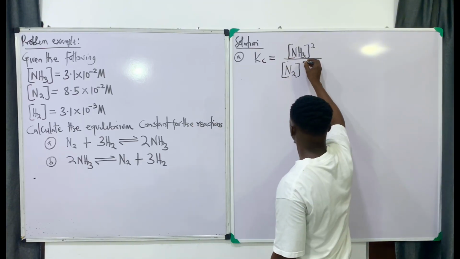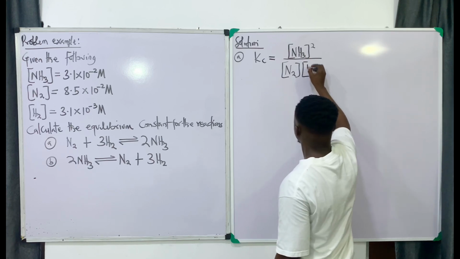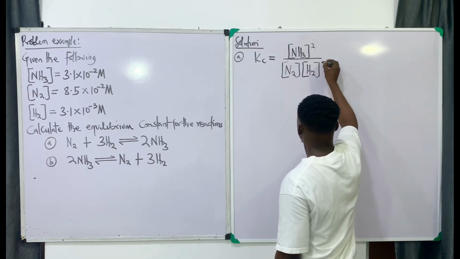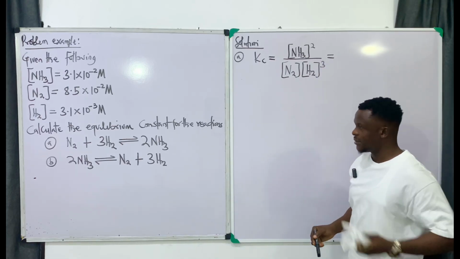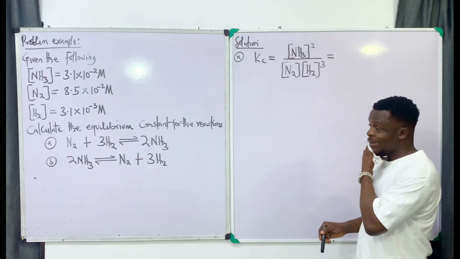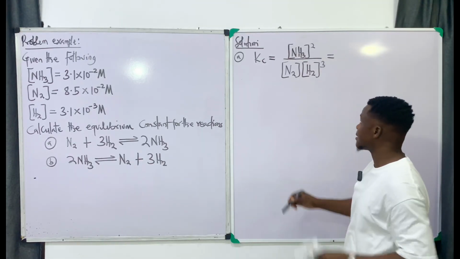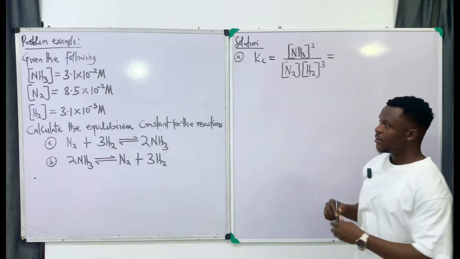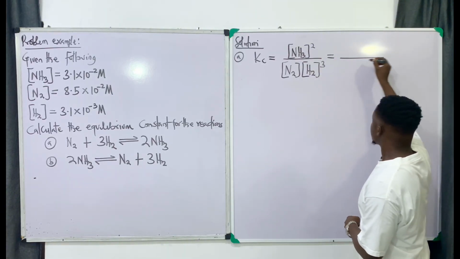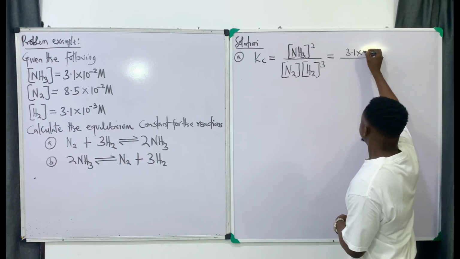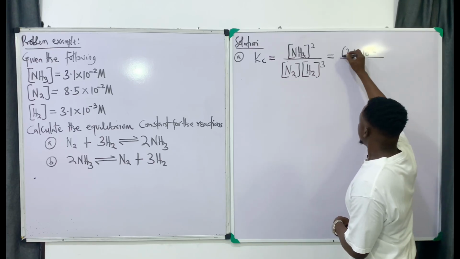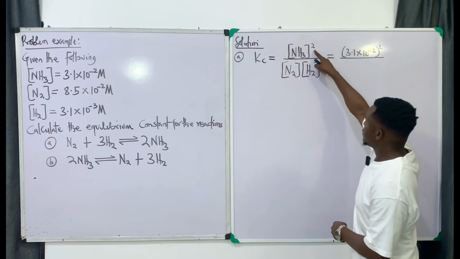The coefficient of N2 is 1. Once you are done with this, the next thing is to insert the values. Ammonia is given to us as 3.1 times 10 raised to the power of minus 2, all squared.